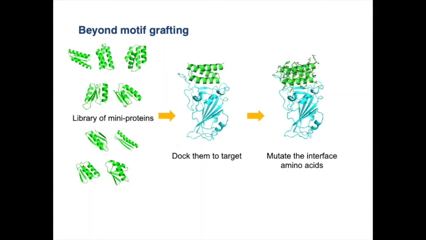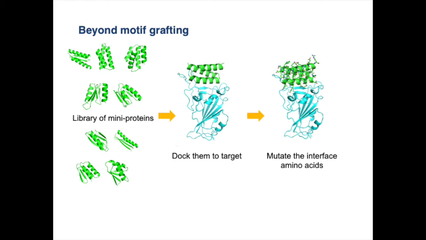And so we'd like to be able to move beyond needing the natural example of a binding interface and be able to make up our own binding interfaces. So in the last couple years, the Baker lab has been improving our ability to design binding proteins for which we have no natural examples of binders.